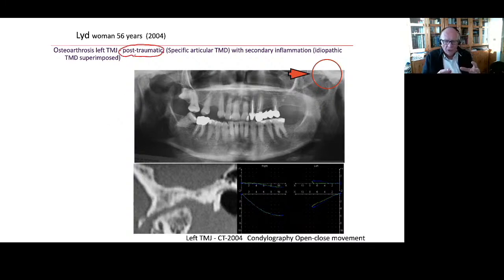So it could be a secondary temporomandibular disorder. But we have not the primary treatment. We cannot treat the traumatism now. So we have to treat the sequela of the trauma.